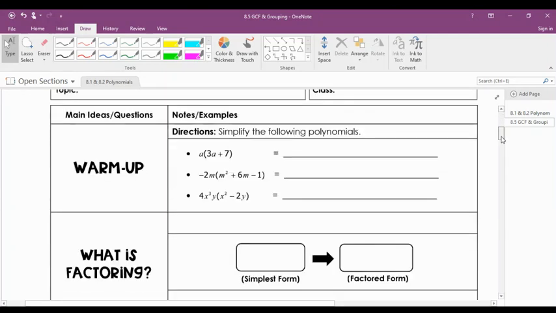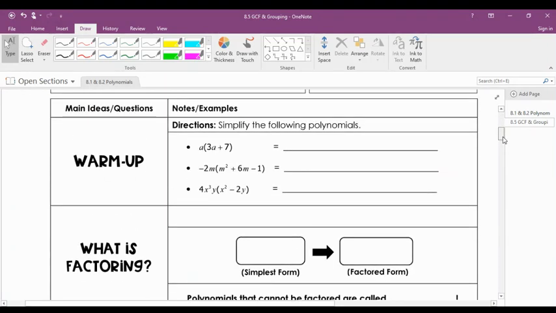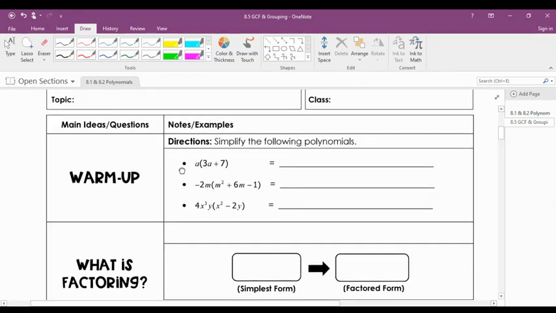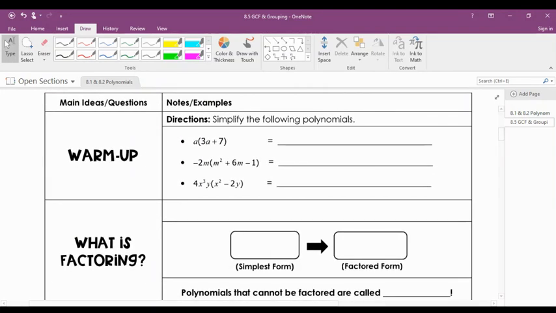So let me take you down here. These are where it says warm up. This is what you are used to, and you're used to doing these types of problems that we have done here. We are used to doing these.